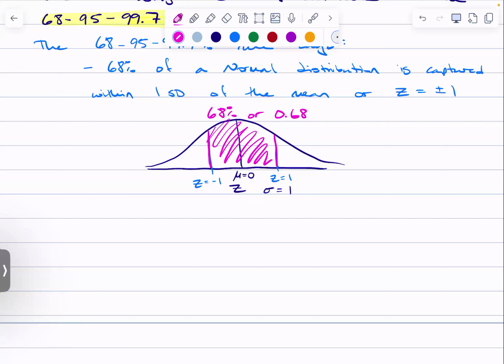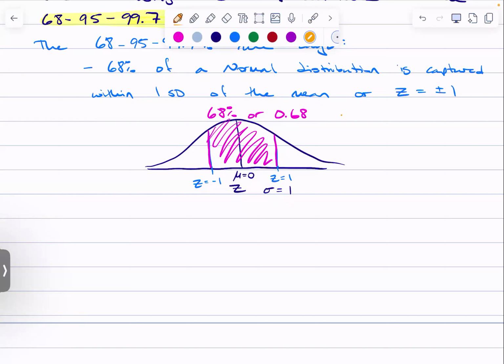It's important that it's symmetric around the mean. I've moved down one standard deviation and up one standard deviation, and then I've captured the central 0.68 of this curve. So how much is left over? 1 minus 0.68 is left over.